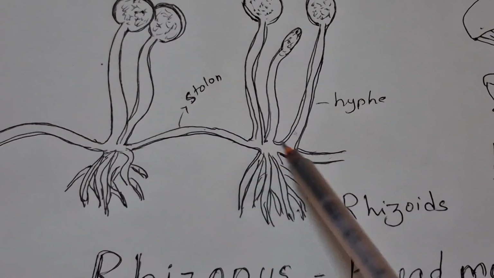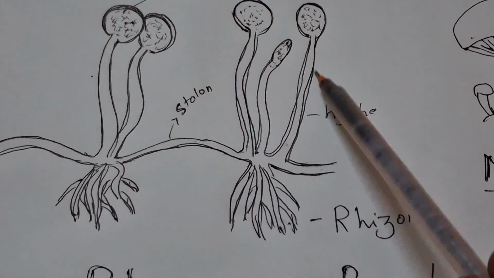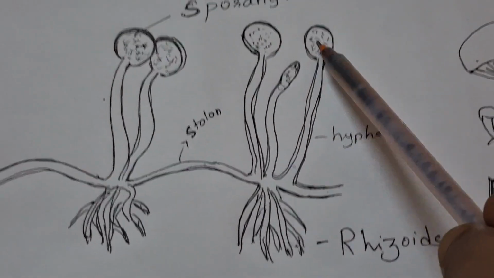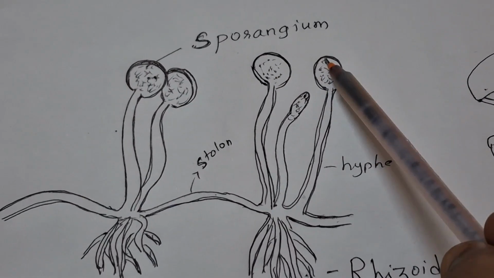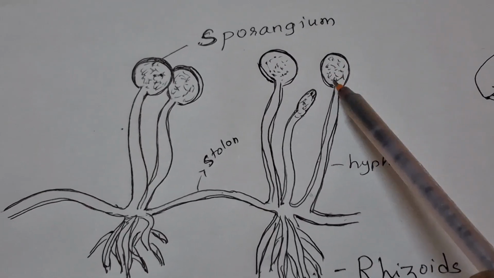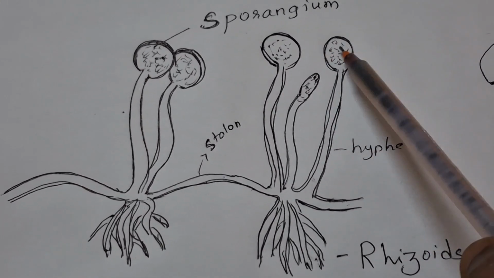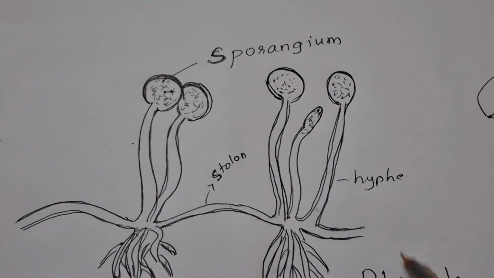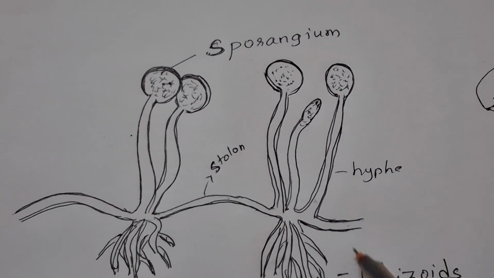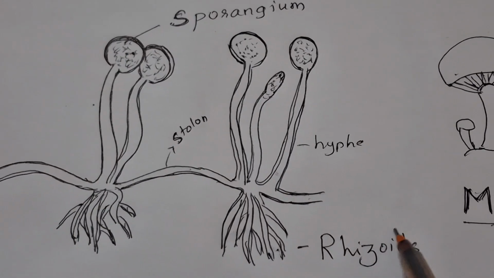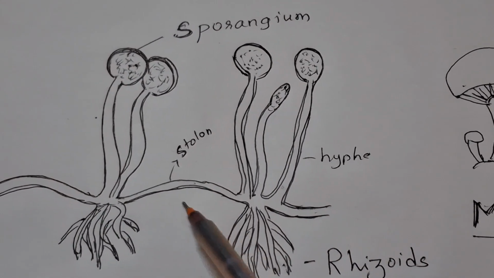Then the upper part is the hyphae, a stalk-like thing, and on top you find a bulb-like structure. This is a sporangium. Inside you find numerous spores. On maturing it will burst. All the spores will be released, and finally fall on the ground on a suitable substratum. When the conditions are favorable, it starts to grow into an individual one.